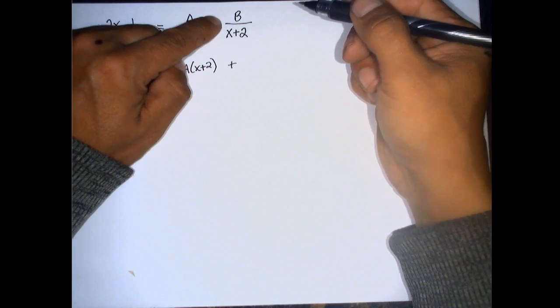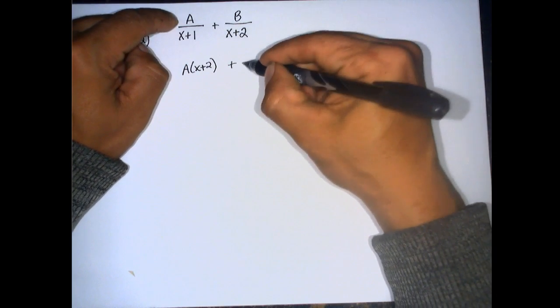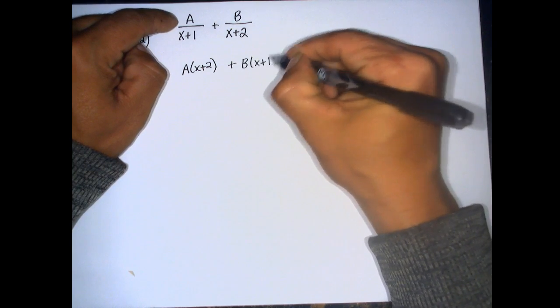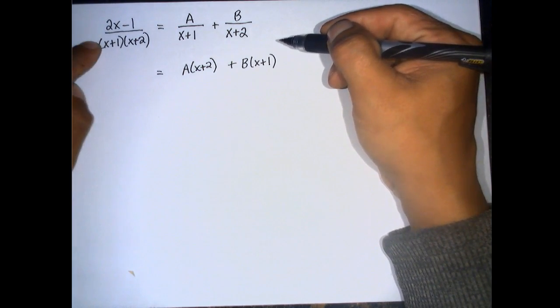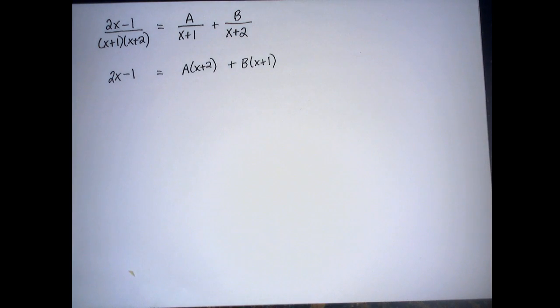Similarly, with this one, the x plus 2s will cancel, and we'll have b times x plus 1. And if we multiply this side, then everything cancels because they're already together. So now we have this expression here.